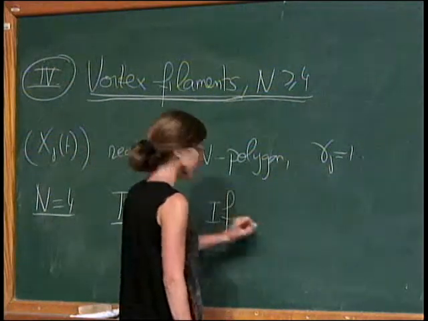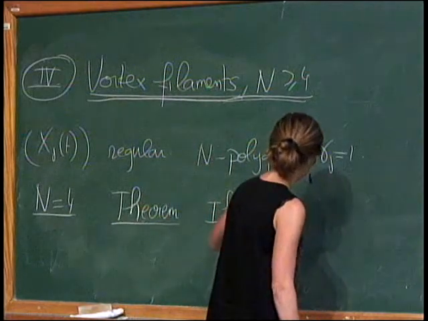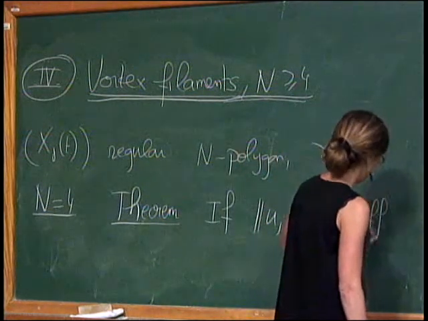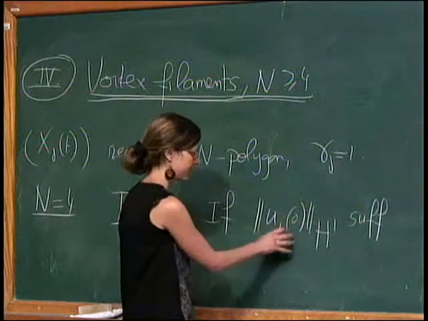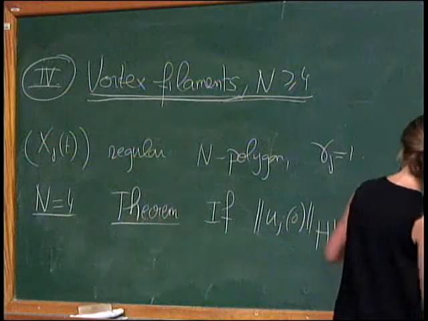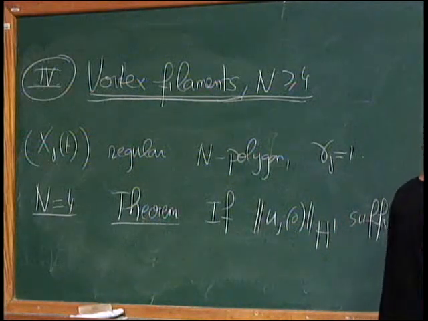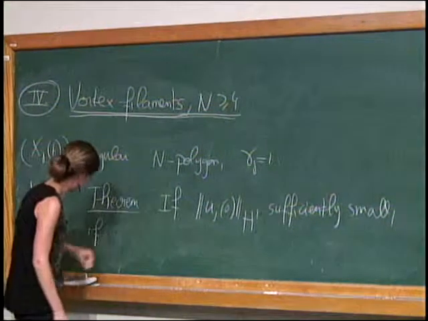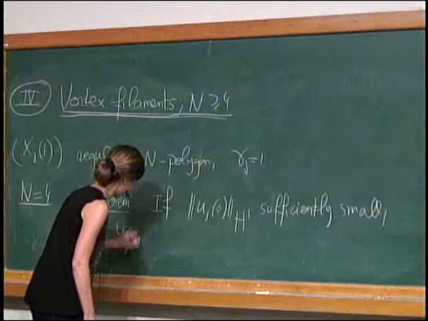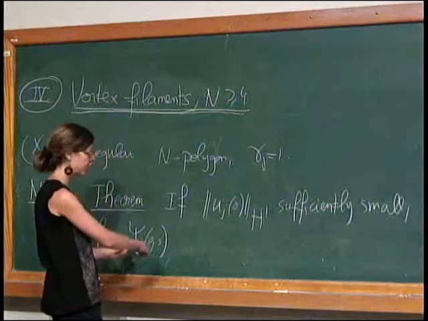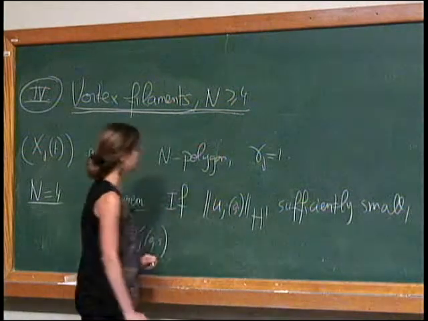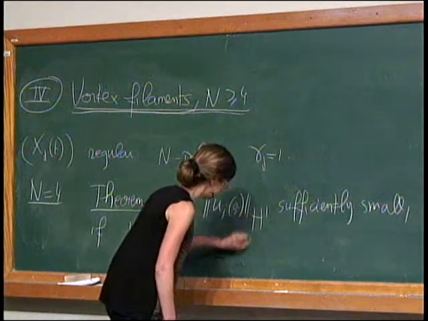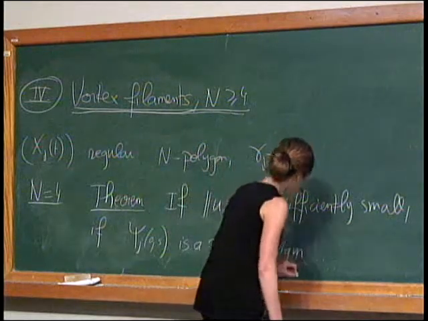And the theorem we obtained with Valeria was that if uj, the initial perturbation, is sufficiently small, so there exists a universal constant such that if this quantity is smaller than this constant, and if the initial perturbation is a parallelogram, so if psi j of 0, s, which is equal to uj of 0, s, plus xj of 0, is a parallelogram for all s.